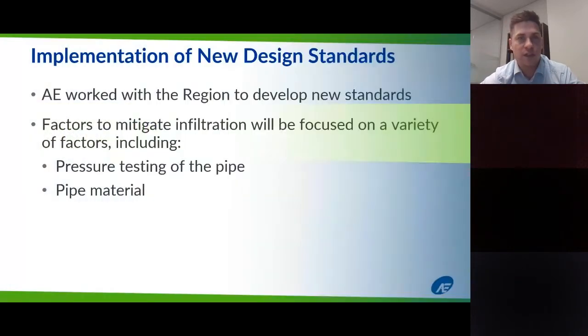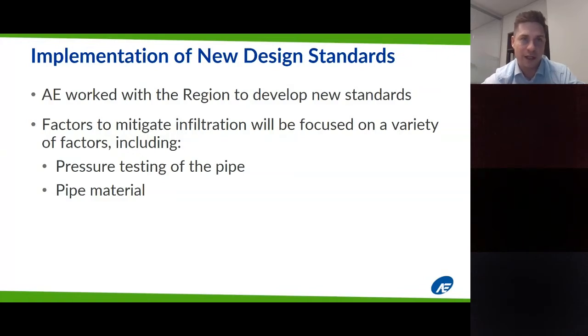So as we're discussing here, the region was really concerned about these inflow and infiltration issues that they were having. So they decided to work with AE, or we worked with the region to develop and implement these new standards. And this was at the infancy stage of these new standards being developed.